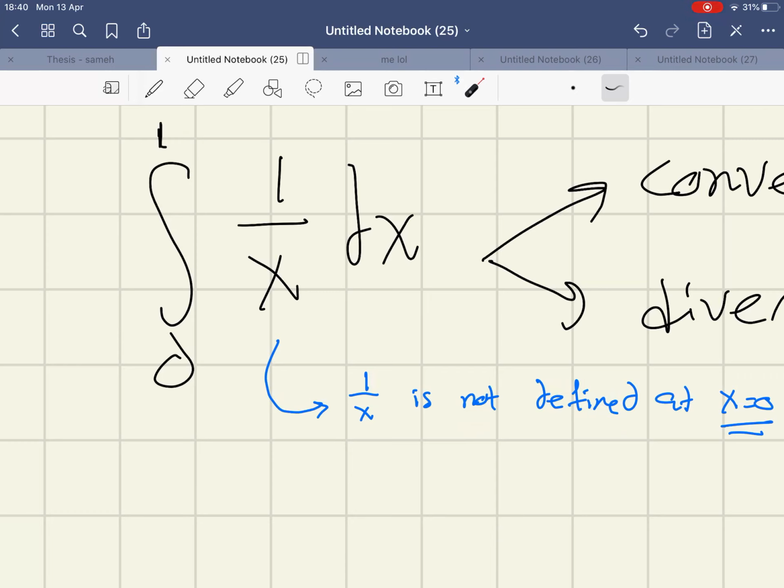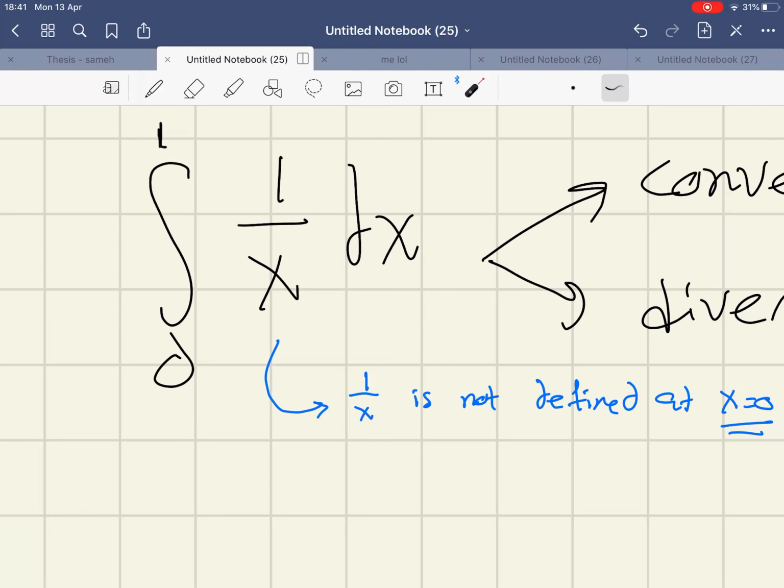Now, ask yourself, is 0 from here to here? The answer is yes. Why is it yes? Because clearly we start from 0. We start from where I have a problem. And that's not good. So this integral is not a usual integral. Be careful. Why?